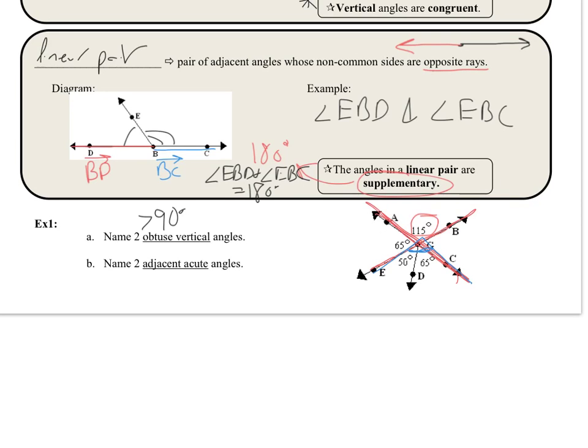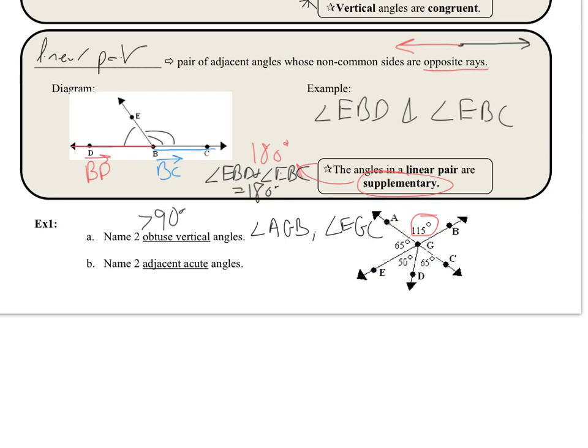Okay, so the two obtuse vertical angles are angle AGB and also angle EGC. So those are both right across from each other and create two vertical angles.